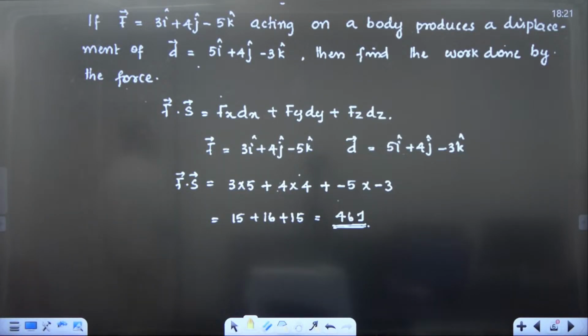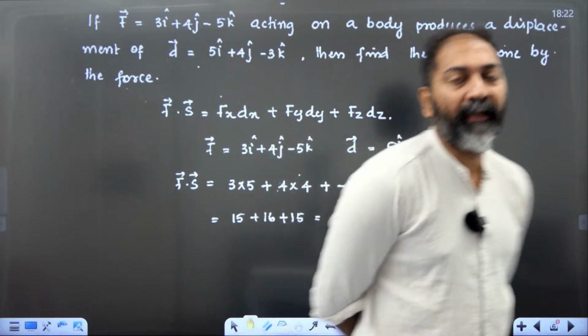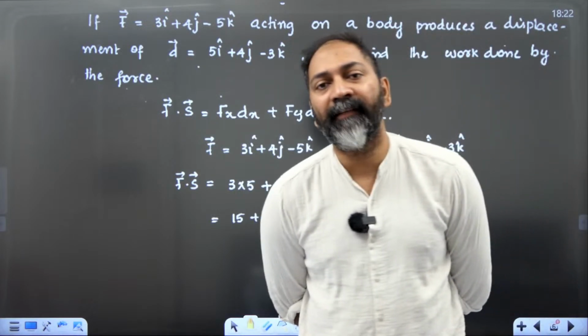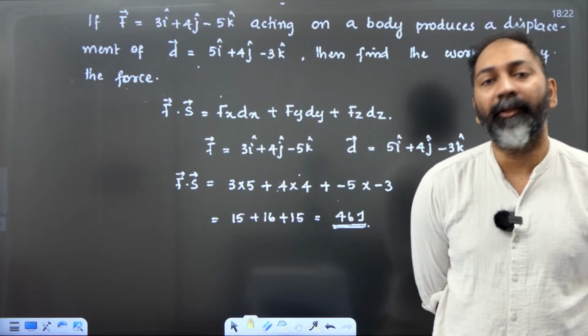So we are doing an example for work done. If force and displacement are given in vector form, this is the way to find out work done. Generally, if force is 10 Newton and displacement is 5 meter, what is the work done? 10 into 5.